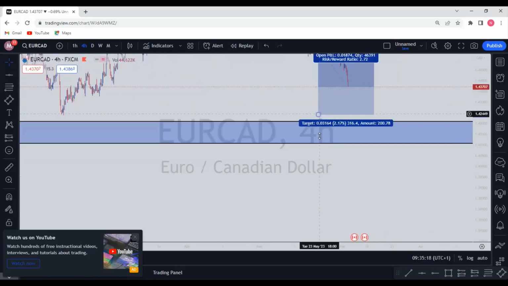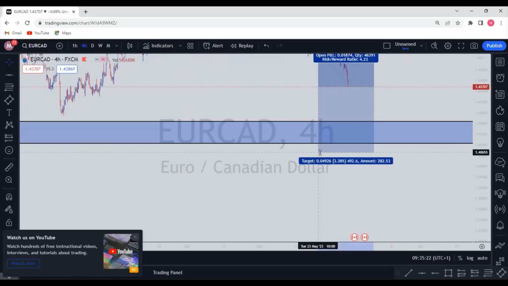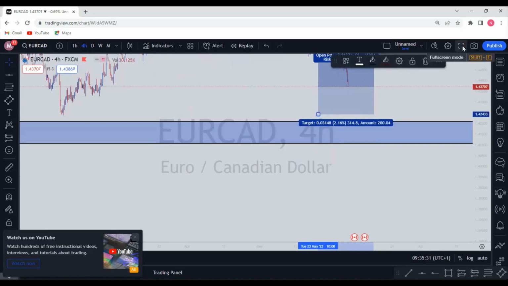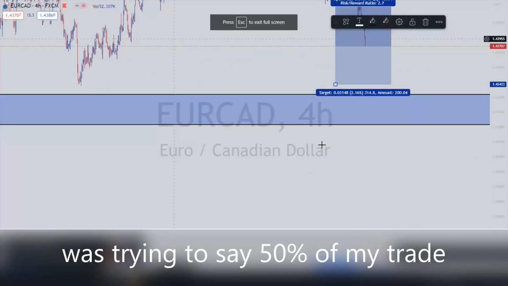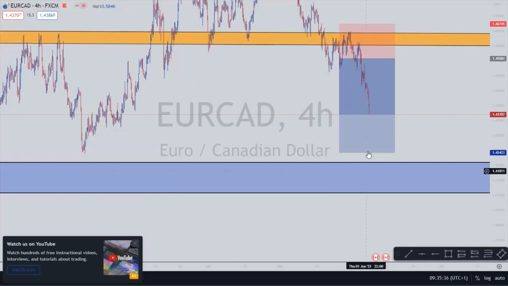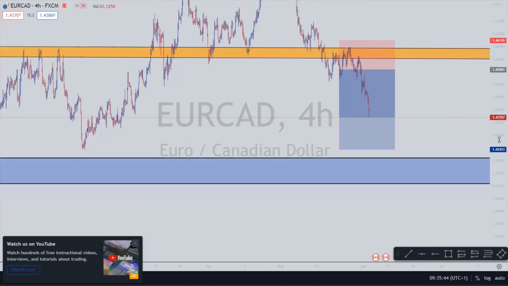Once this market breaks down here, I'm going to start looking for other entry opportunities. But for the meantime, our overall target is somewhere around 1.4233. Okay, that's it for EUR/CAD.